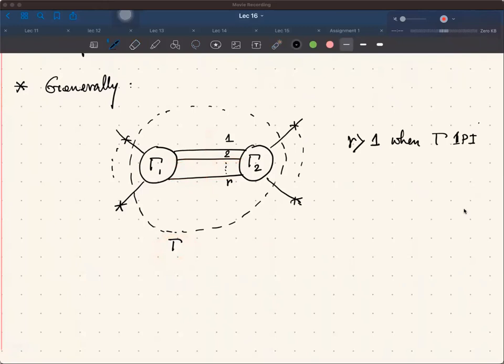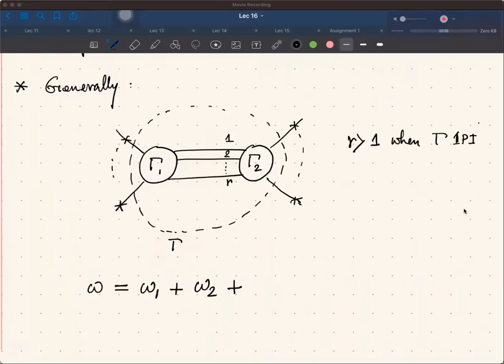Now, the superficial degree of divergence for gamma, which is omega, can be written as the superficial degrees of divergence of the subgraphs, omega 1 plus omega 2. These are the superficial degrees of divergence for gamma 1 and gamma 2 respectively.